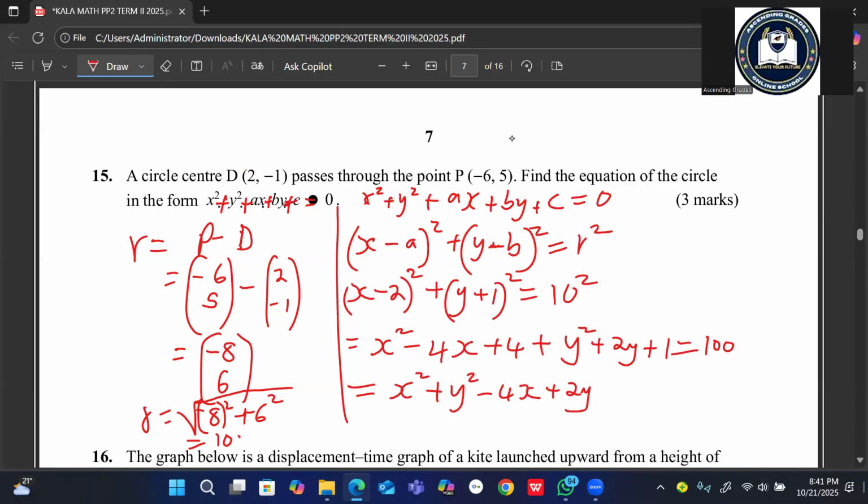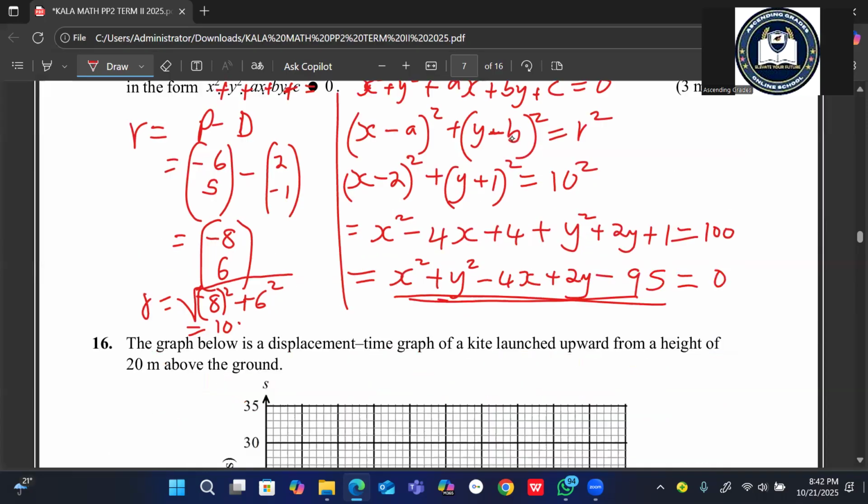When bringing like terms together, this is 4 plus 1, that is 5. Then bring 100 on this side. So it is 5 minus 100, which is negative 95, is equal to 0. So that is the equation of the circle in the form of x squared plus y squared plus ax plus by plus c is equal to 0.